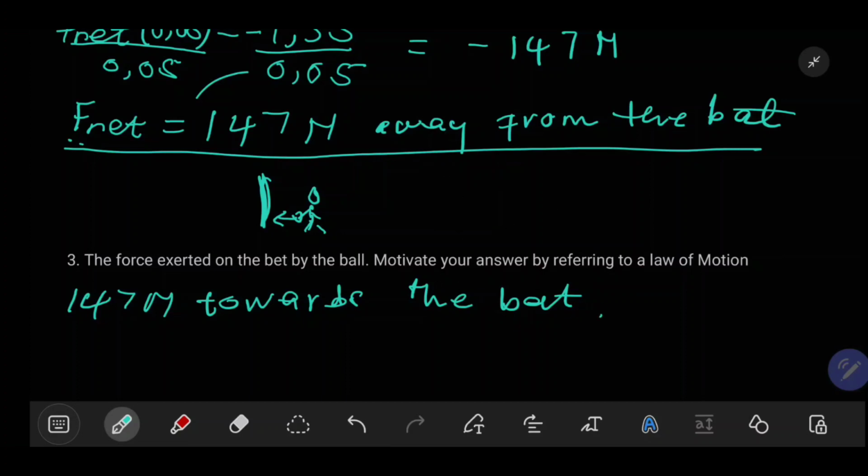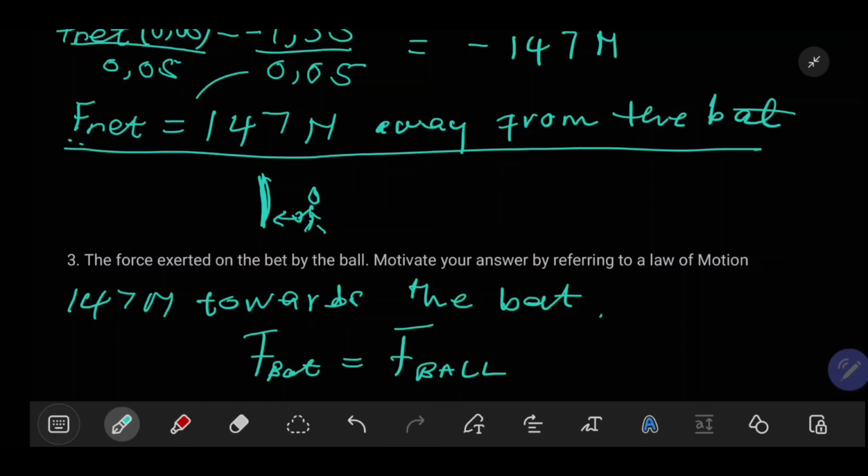So when we motivate our answer, we are going to say, according to Newton's third law of motion, the force of the bat on the ball is equal to the force of the ball on the bat.